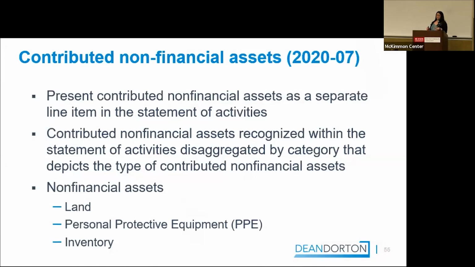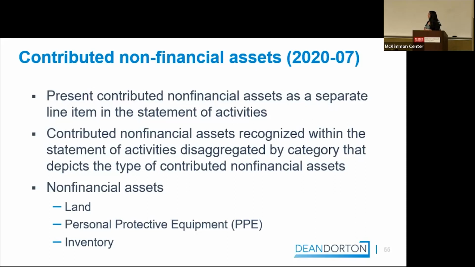So there are 2 ways you can approach disclosing it on the financial statements. Typically right now, probably on the face of your financial statements, there's a line item that just says contributions, which can involve various things. Now it needs to be broken down by contributions of cash, and then another line item of contribution of non-financial assets.